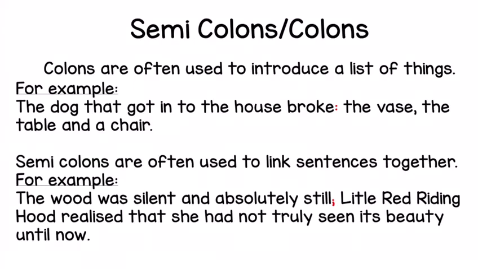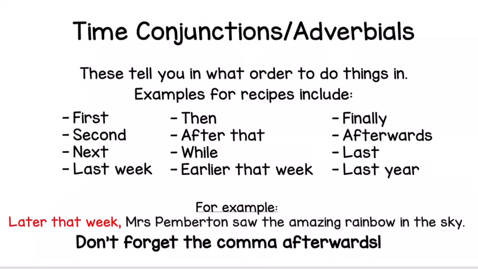Another feature, which we kind of looked at last week with recipes, is using time conjunctions. So these tell you the order in which things have happened. So for example, you could say first, second, next, last week, then, after that, while, earlier that week, finally, afterwards, last month or last year.